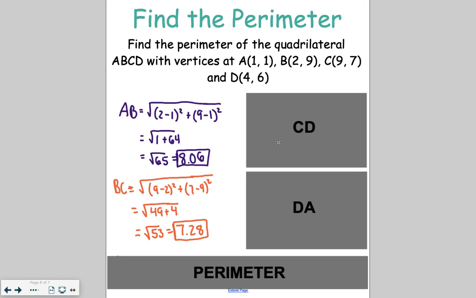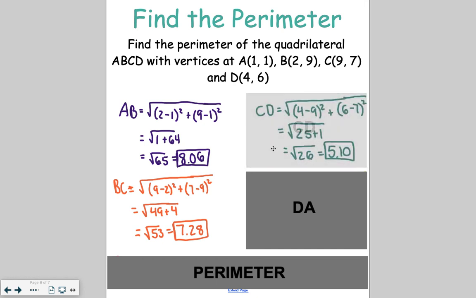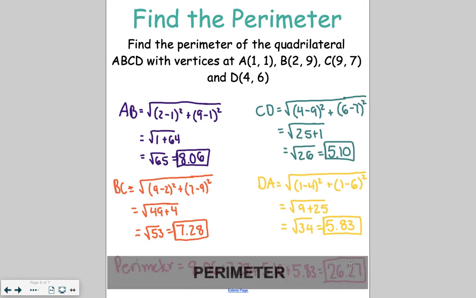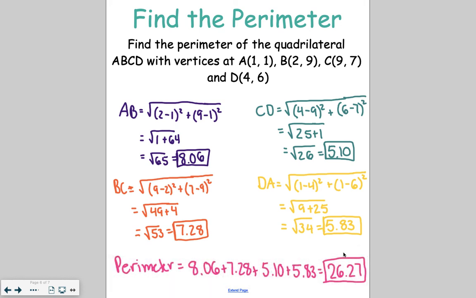Moving on to side CD, go ahead and try that one. We get an answer of 5.10. And lastly, go ahead and find DA. For that answer, you're going to get 5.83. Now you're going to take those answers and find the perimeter.